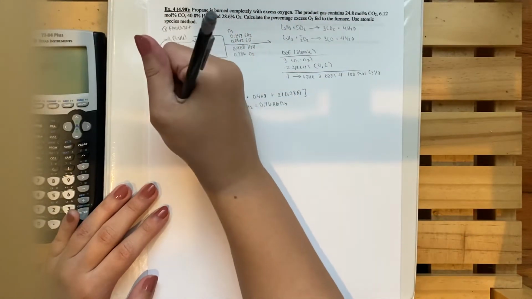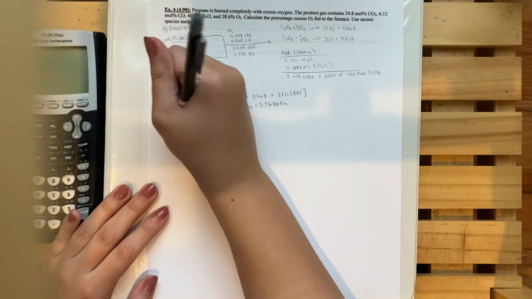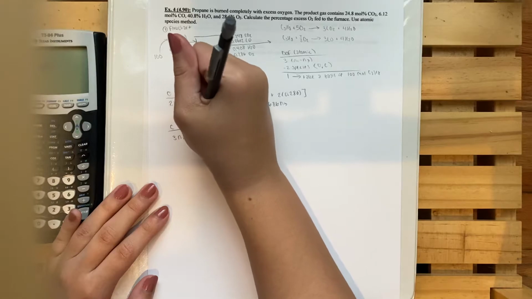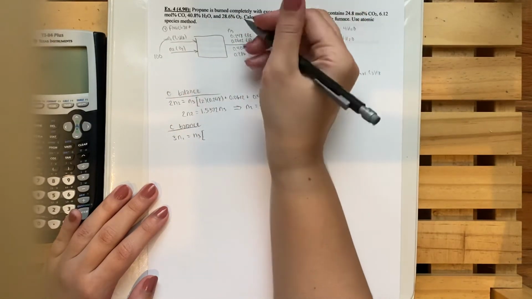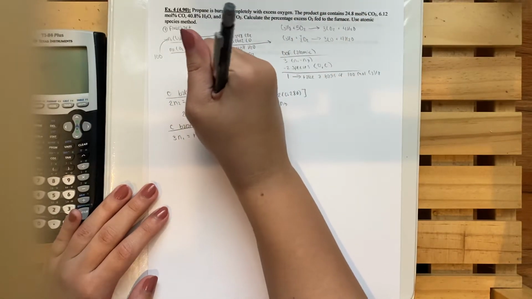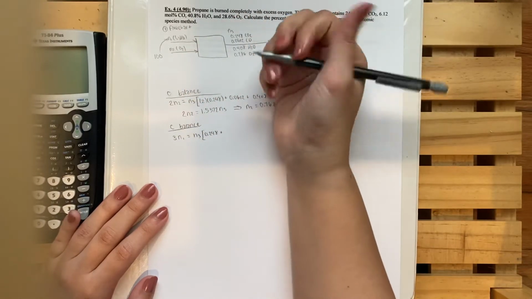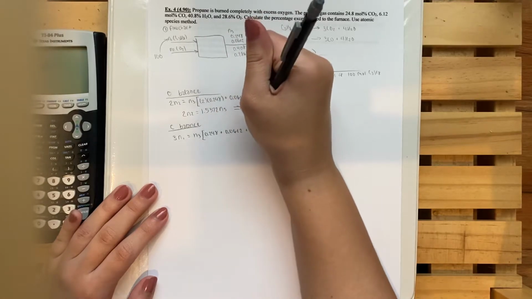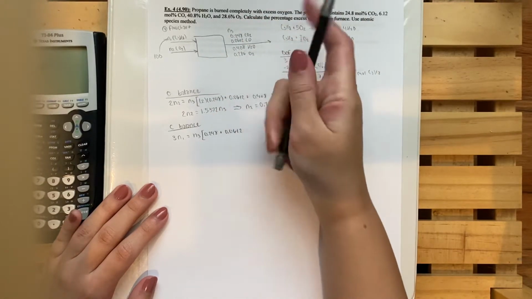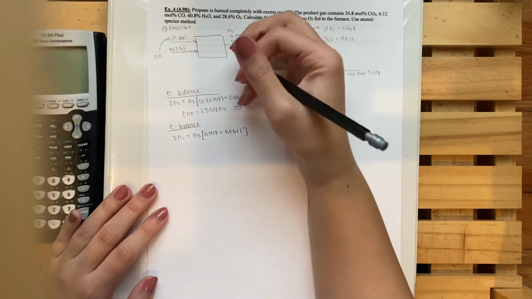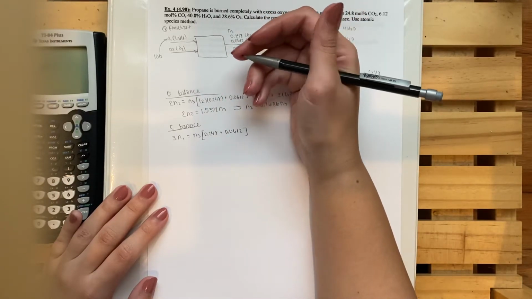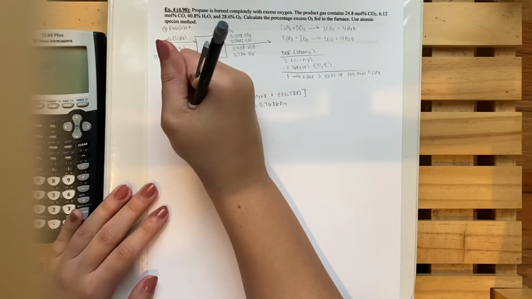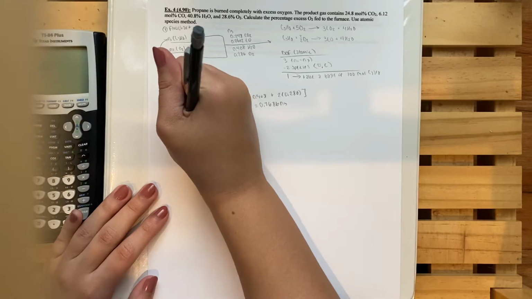So for carbon, 3 N1 is equal to N3 times 0.248 plus 0.0612. And we know N1 is equal to 100.